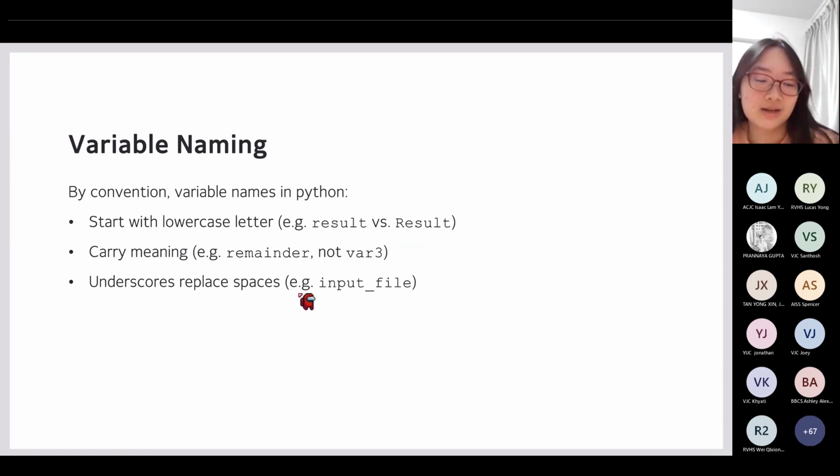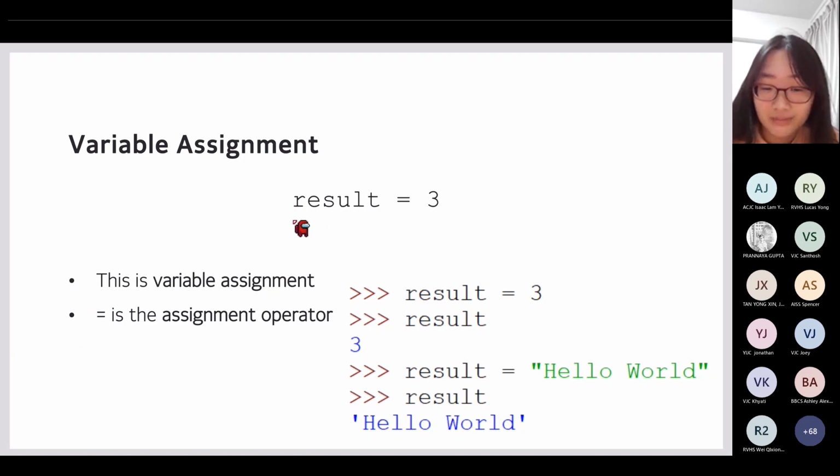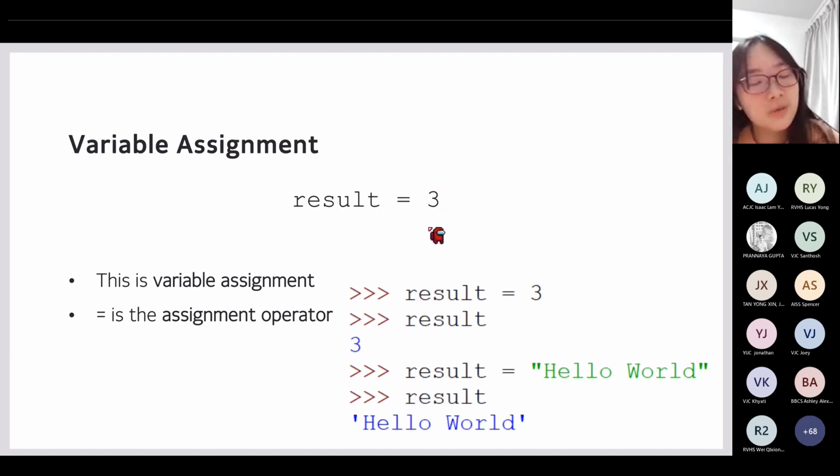Underscores replace spaces. For example, if you want to name a variable input file, you can name it input underscore file. And here's how you assign a variable in Python. So in this code, equals is the assignment operator, and result is your variable name, and 3 is a value that you want to assign to result.